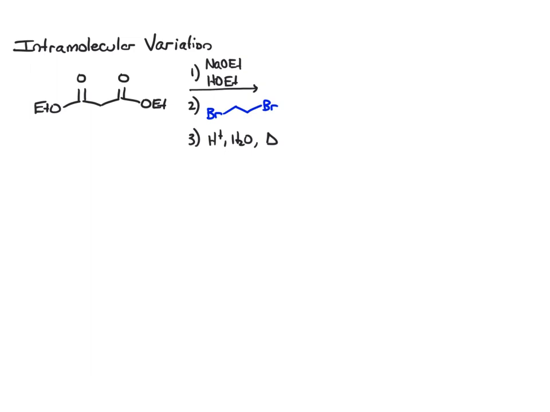So let's just go ahead and do this stepwise. We get our enolate and add the dibromide.